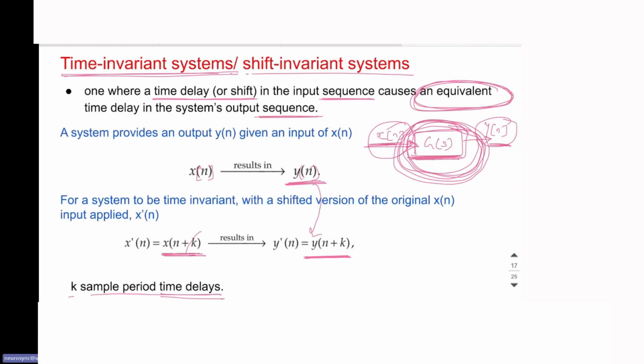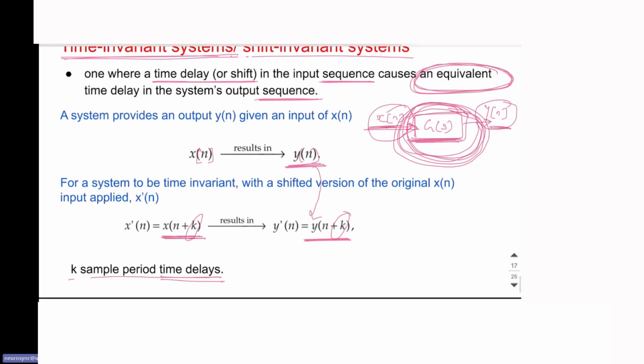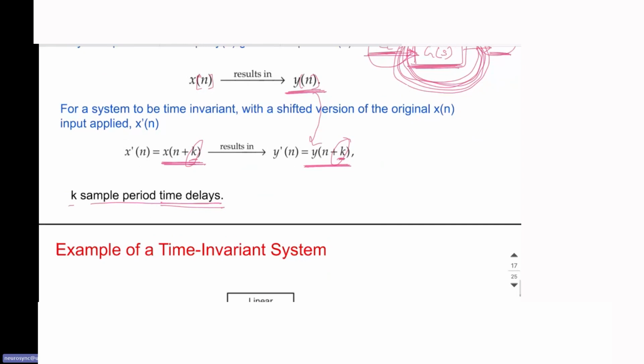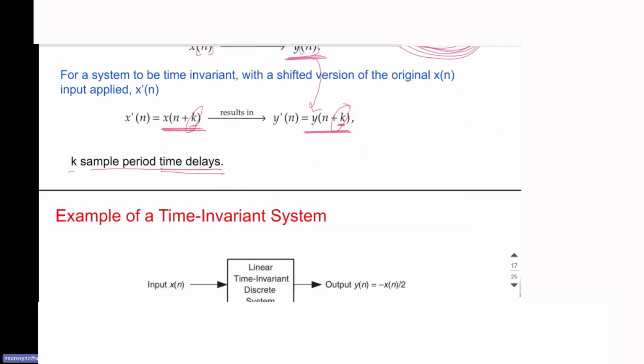So this plus k is nothing but the time delay. Most of the time for samples, we will use this k notation, time delay in the samples. Okay, so this is the time invariant system.